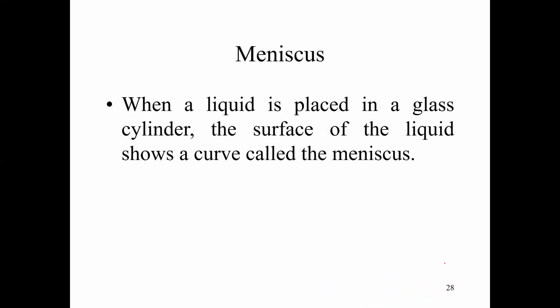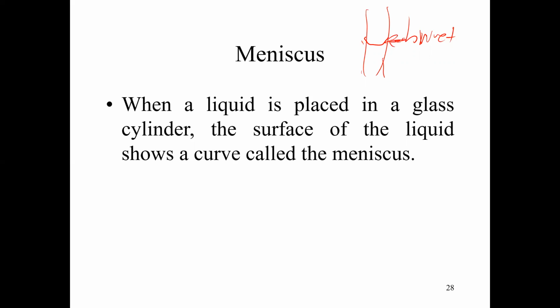Now, the meniscus. When a liquid is placed in a glass cylinder, the surface of the liquid shows a curve called a meniscus. And basically, that's when you have a graduated cylinder or something, you have water in it, and it looks like that. So, for example, with a burette, this is the meniscus here at this point.